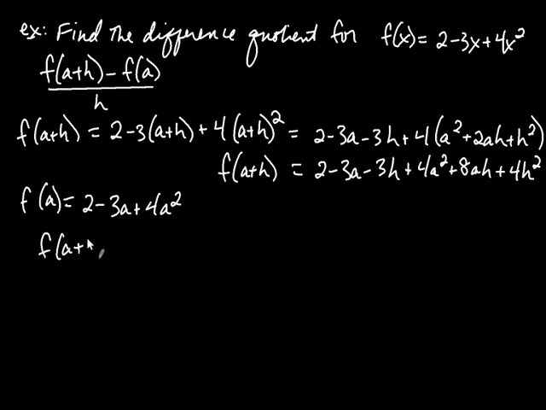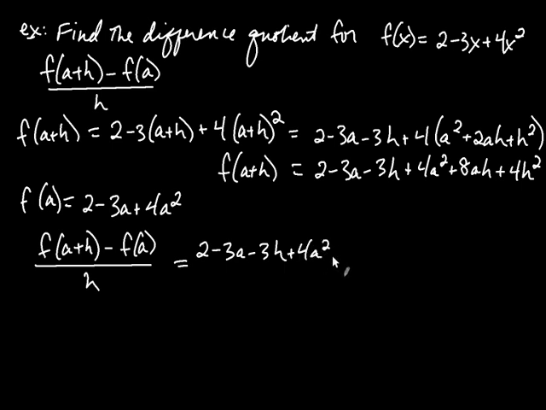So let me first write it again. F of a plus h, take away f of a, all divided by h. Okay, that's going to be equal to, all right, so f of a plus h, right here, I'm going to write it as 2 minus 3a minus 3h plus 4a squared plus 8ah plus 4h squared.